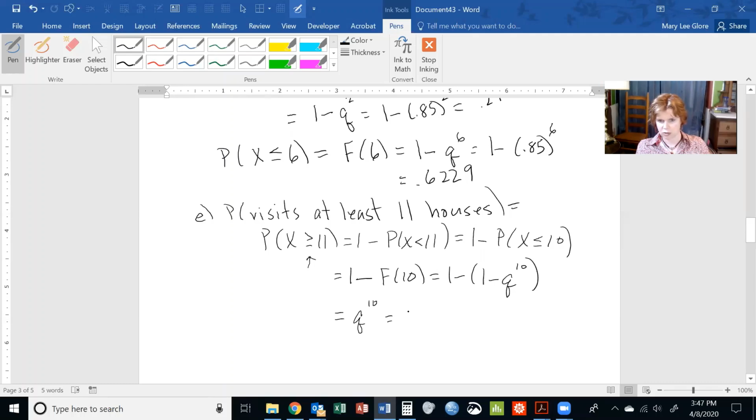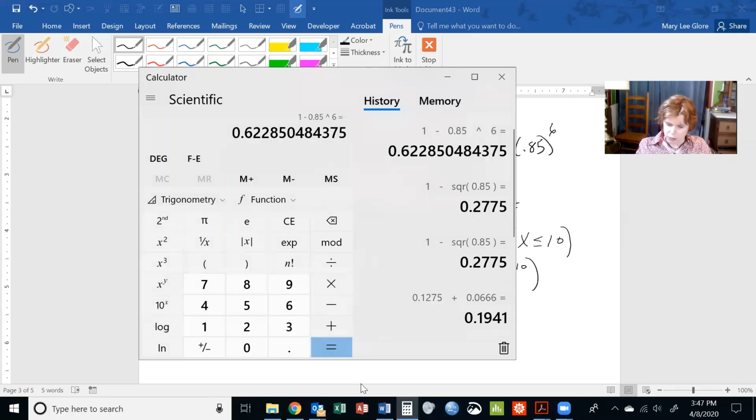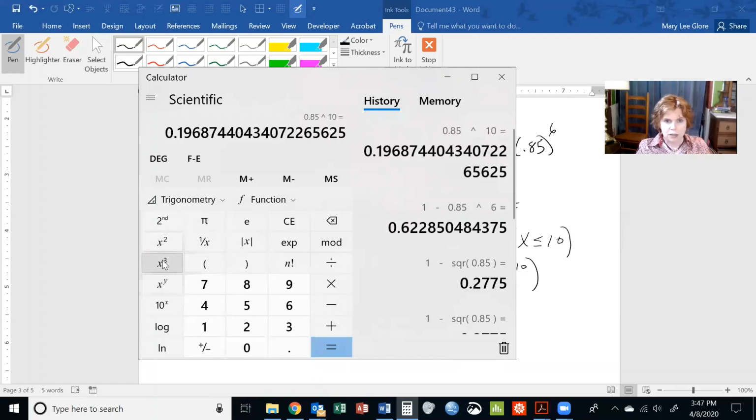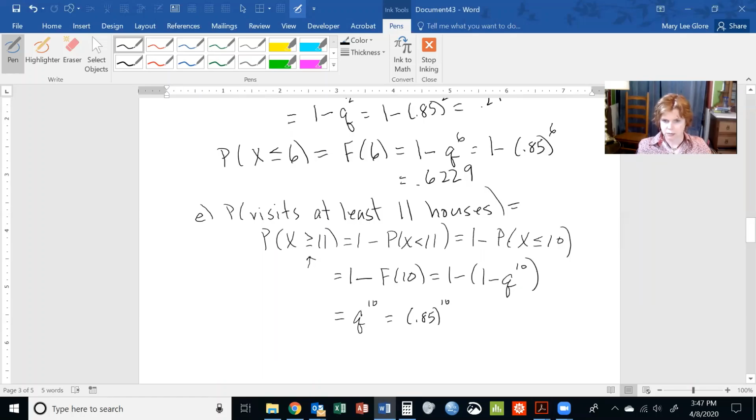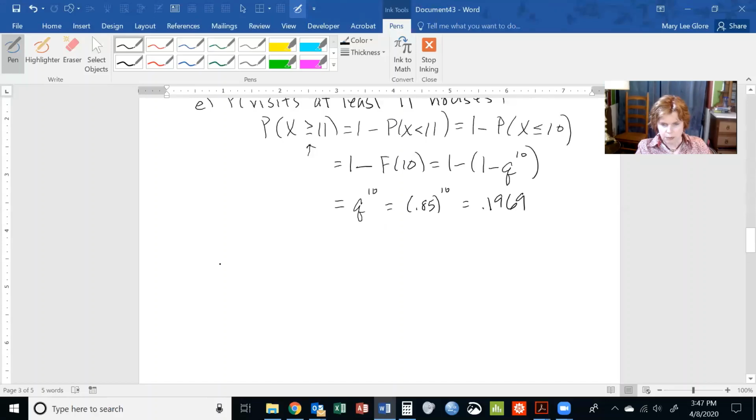This is 0.85 to the 10th, which is 0.1969. Okay, so there's almost a 20% chance that he will visit at least 11 houses.